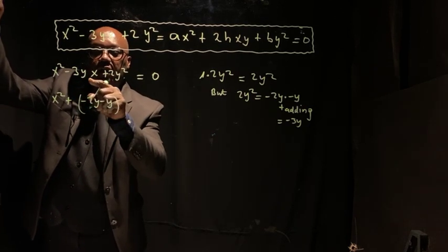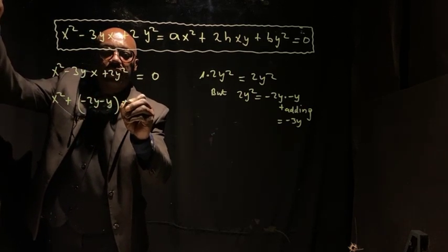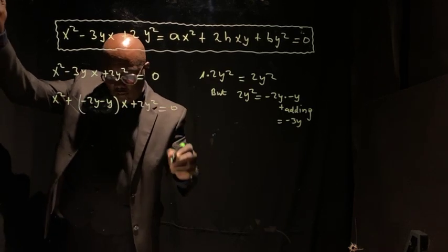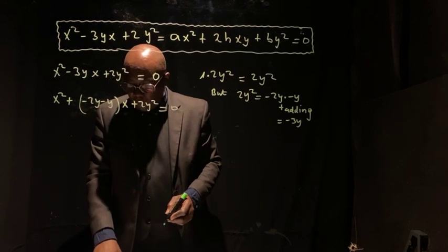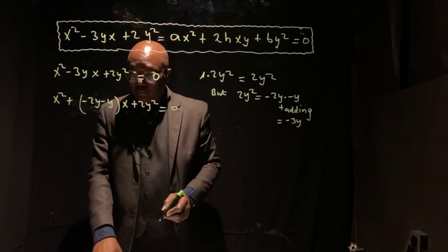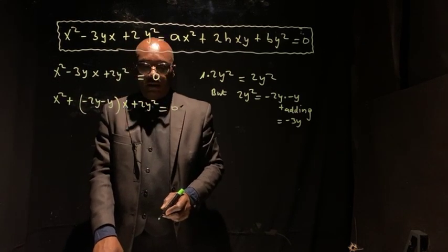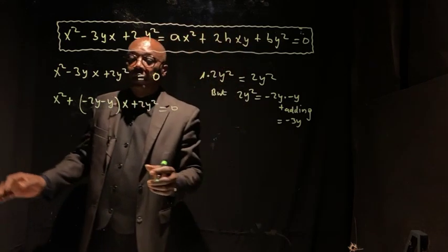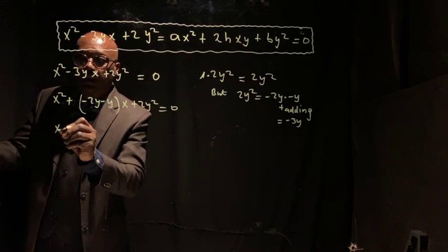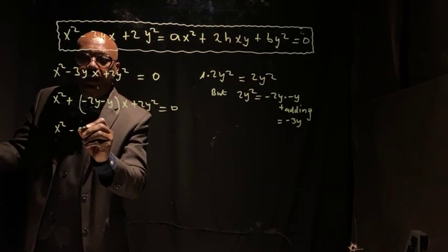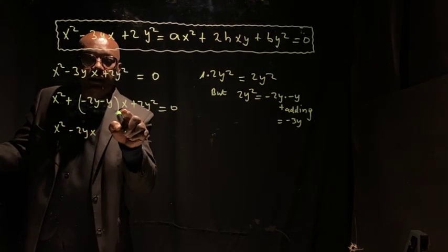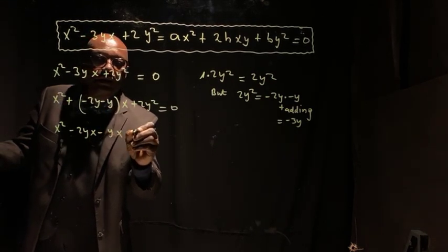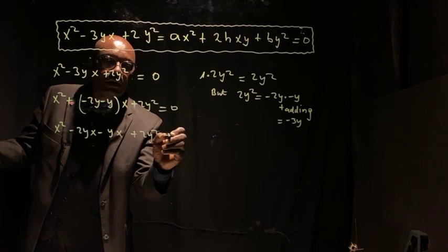But don't forget, x is there multiplying it, plus 2y squared equals 0. Then we have x squared minus 2yx minus yx plus 2y squared equals 0.